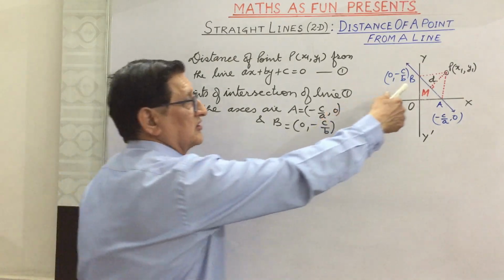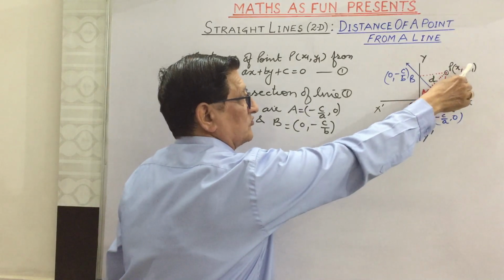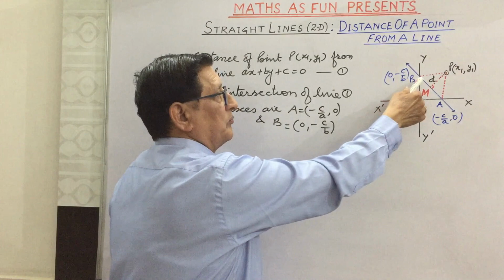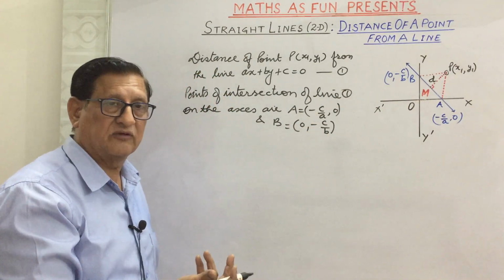Now we have the vertices of this particular triangle, that is P x1 y1, A minus C upon A 0 and B, that is 0 comma minus C upon B. We can find out the area of the triangle.